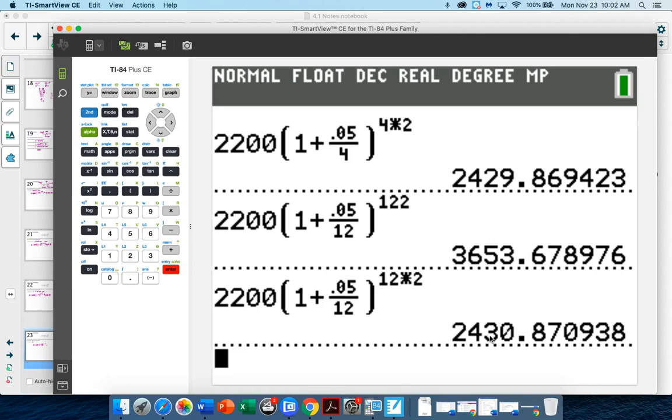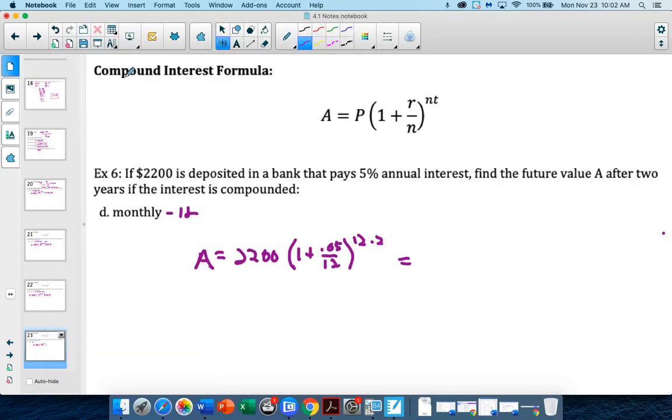So 2,430.87. So we keep getting a little bit more money as we compound more often. Not a lot, but a little bit. Let's do one more here.